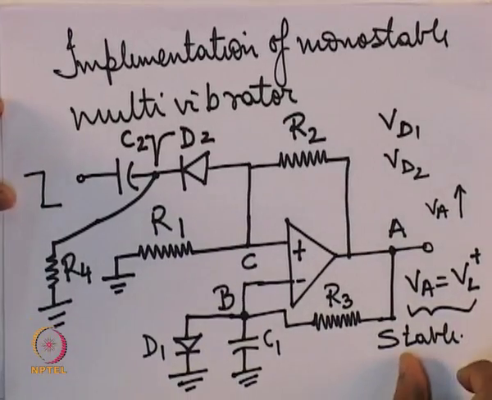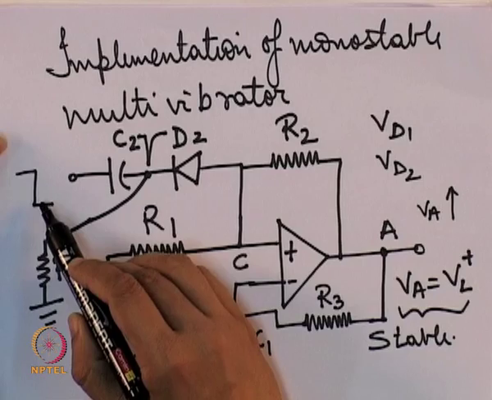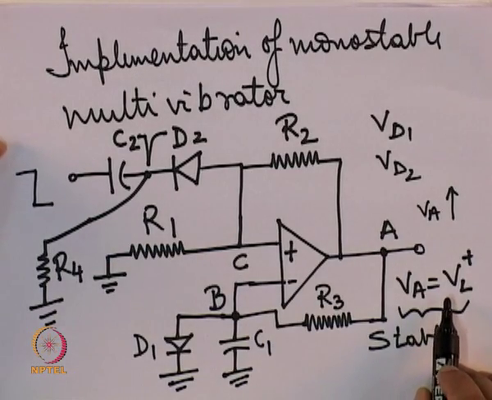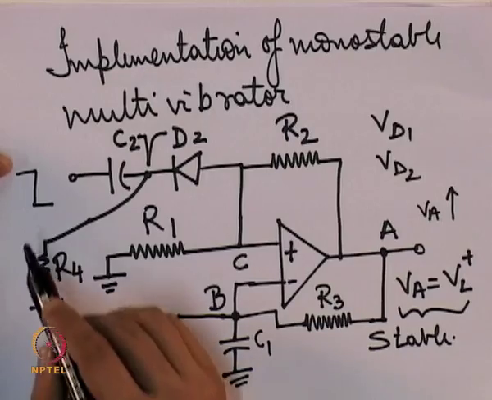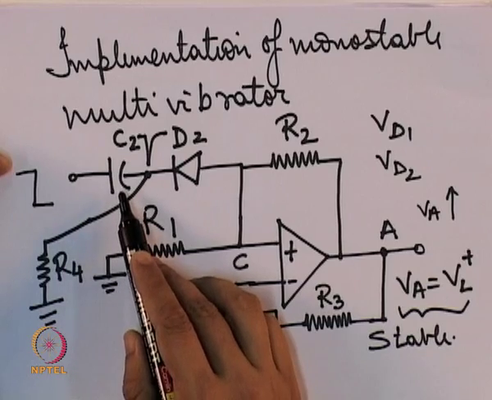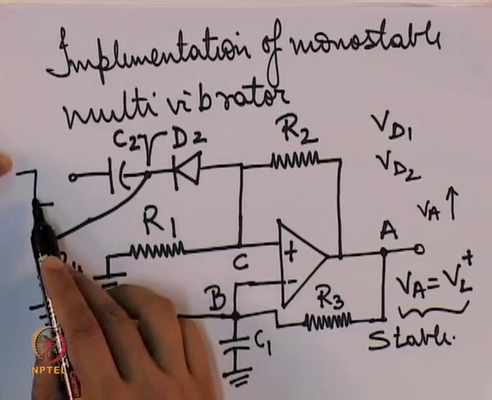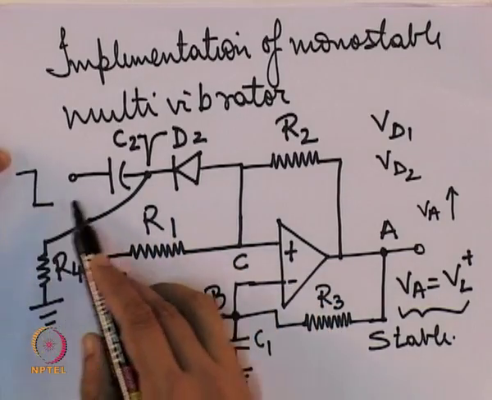Coming back to this main circuit, I have drawn a pulse. Say VA is equal to VL plus, the upper saturation voltage, and I introduce a pulse. Because this capacitor will not pass any DC voltage through it, it will only pass the high frequency components of this pulse.